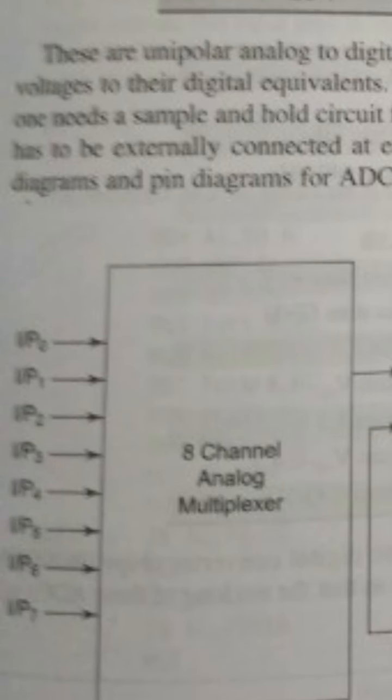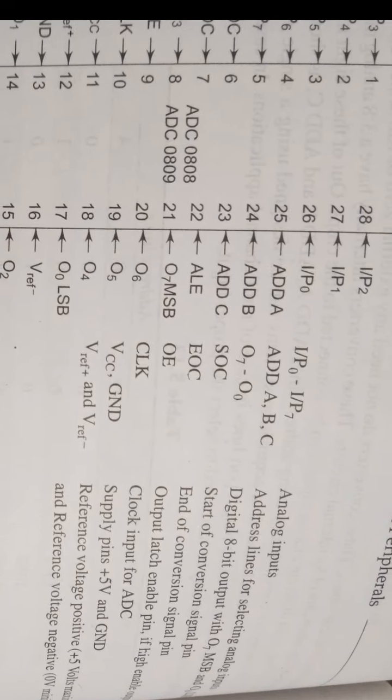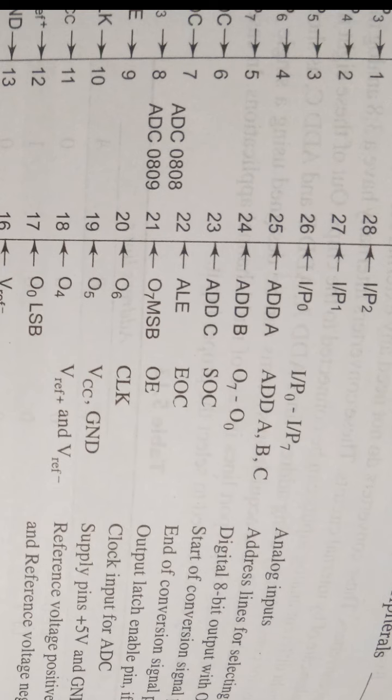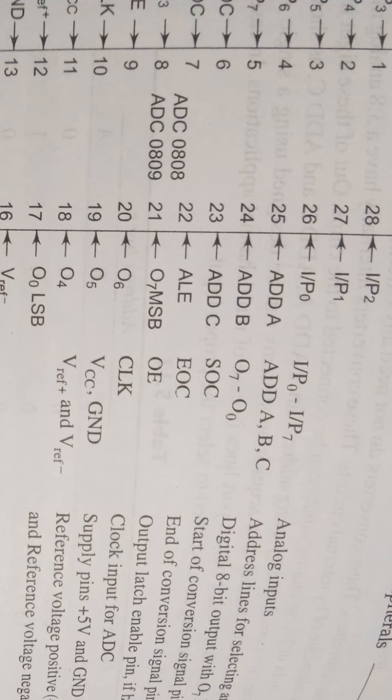Its pinout is this, the pin diagram of ADC 0808. Both ICs are similar, and these are the analog inputs. Main pins, if we discuss: analog inputs IP0 to IP7.